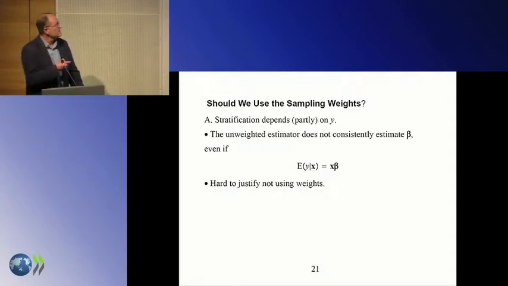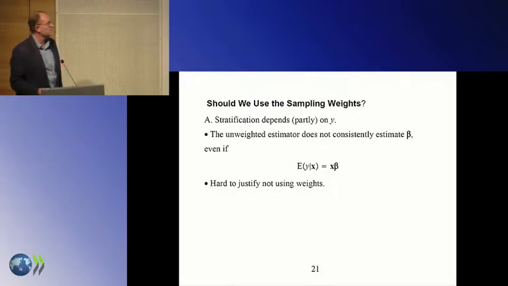So even if you have the conditional mean correctly specified, if you know that the stratification was based partly on your outcome variable, then it's difficult to justify not using the weights because you're not estimating anything consistently. You're not estimating the linear projection consistently. Even if the mean were correctly specified, you're not estimating that consistently either, okay?